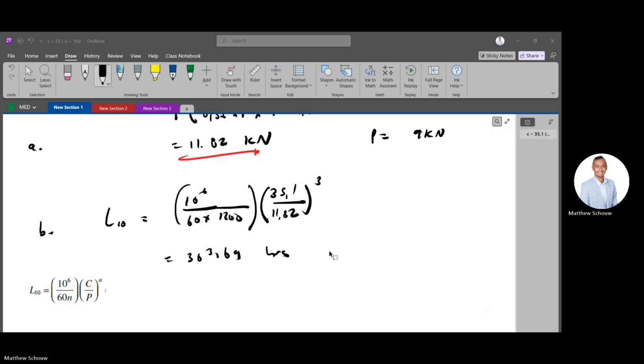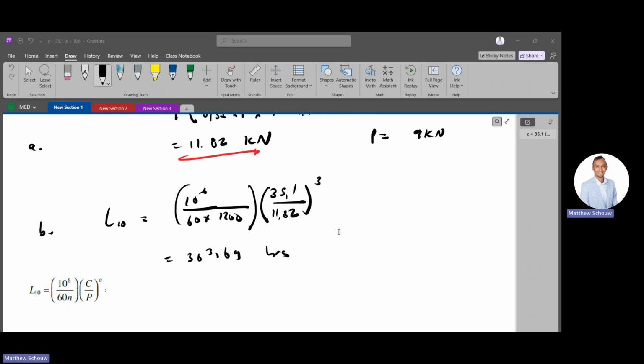Now, the next part is using an outer ring, and then it has some moderate shock.